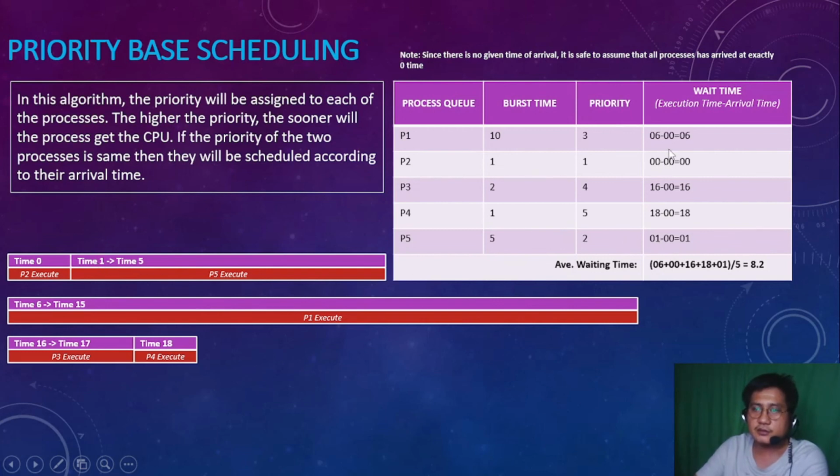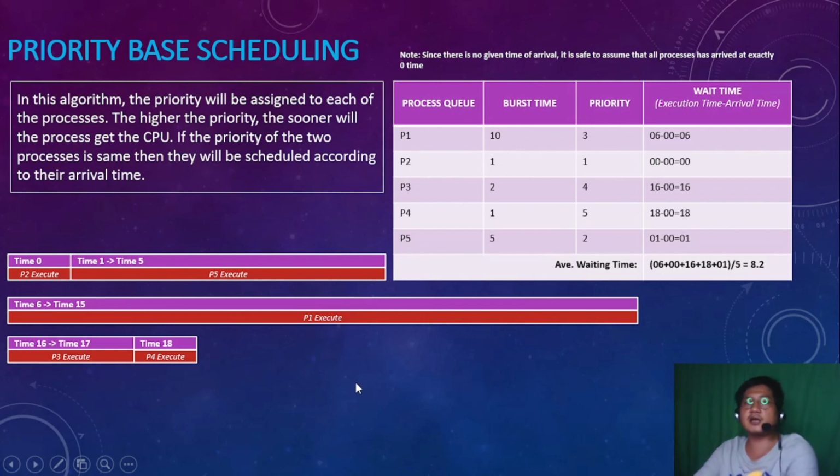So 6 minus 0 is 6, 0 minus 0 is 0, 16 minus 0 equals 16, 18 minus 0 equals 18, 1 minus 0 equals 1, and we have to sum this total wait time and divide it by the total number of processes. So we have 6 plus 0 plus 16 plus 18 plus 1 divided by 5. We have 8.2 as the average waiting time.